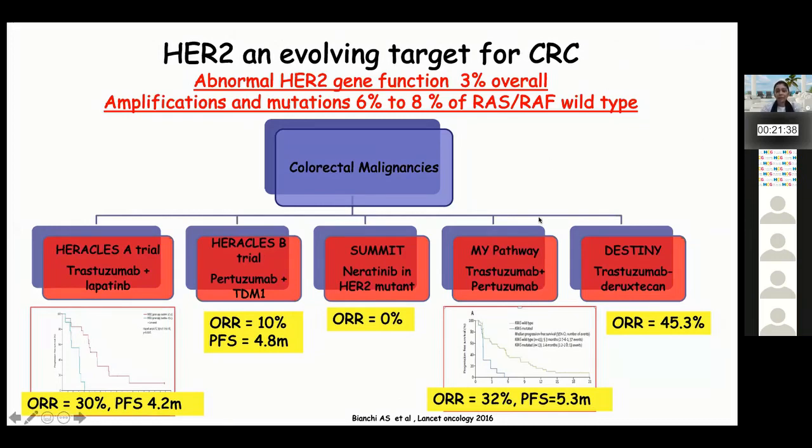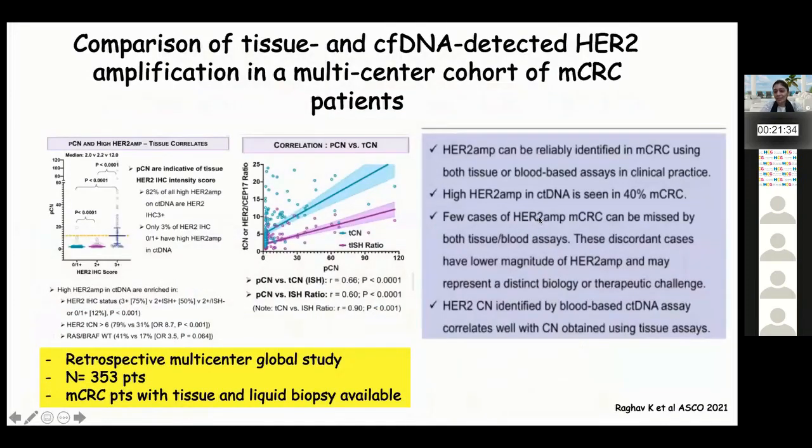Now, can liquid biopsies help us determine these HER2 status? The simple answer is yes. This was a very interesting poster that was presented at ASCO this year that looked at the correlation between HER2 amplification in tissue as well as liquid biopsies, about 353 patients from a retrospective multicenter global study.